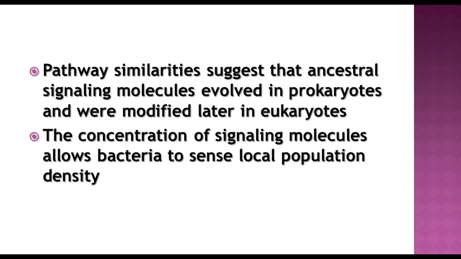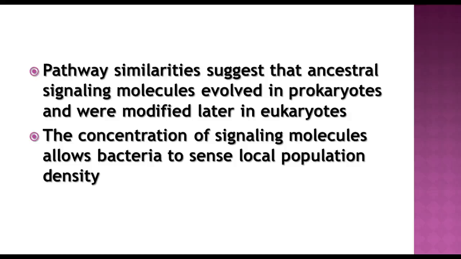There are lots of similarities in various kinds of pathways, not only in microbes but also in all different types of multicellular organisms, which suggests that some of these signaling pathways are very ancient and ancestral in all organisms, beginning probably in prokaryotes and modified later in eukaryotes.